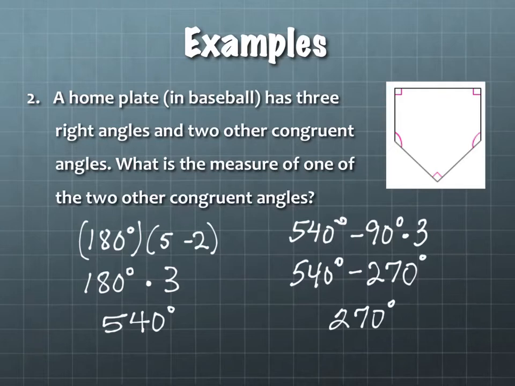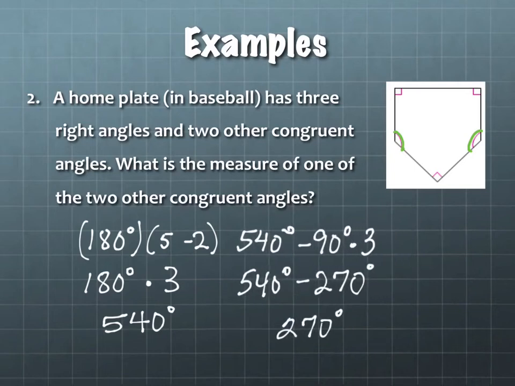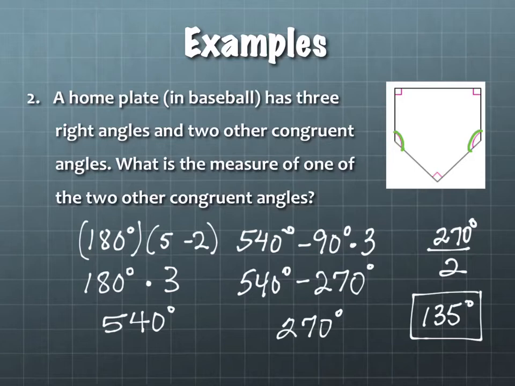In our diagram, these 2 pieces that I haven't accounted for have to add up to 270. Not only do they have to add up to 270, but they have to be equal. So what would I need to do to make that happen? Yeah, we can take the 270 and divide by 2. So 270 divided by 2 would give me 135 degrees. So each of those angles, the ones that aren't 90 degrees, measure 135 degrees.